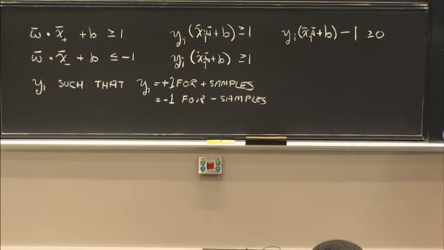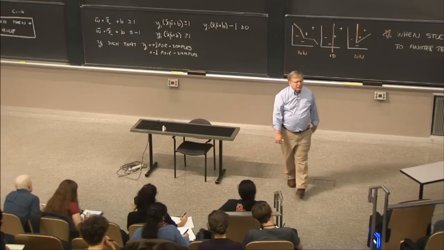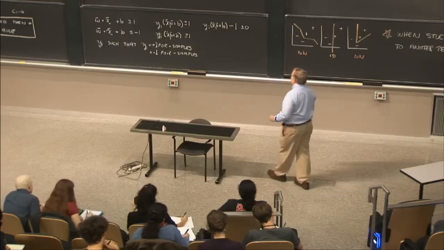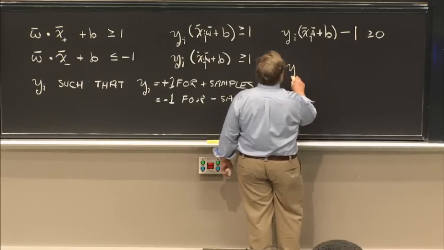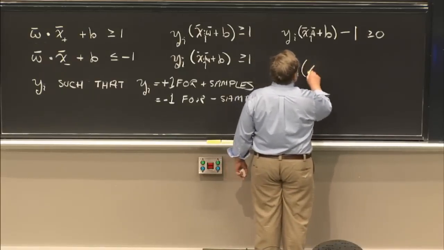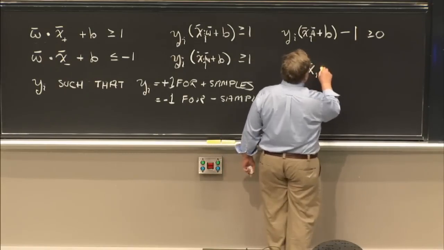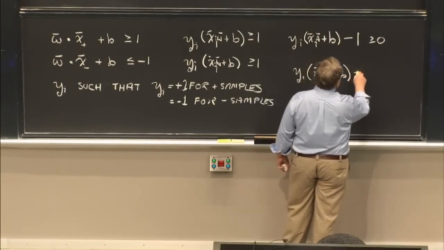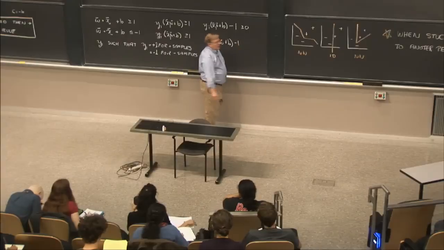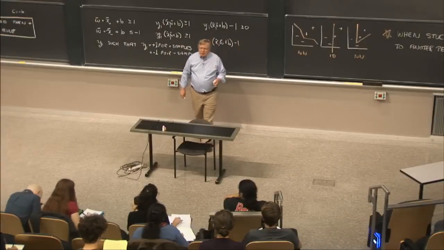All right, now with Brett's correction, I think everything's okay. But we're going to take one more step, and we're going to say that y sub i times x sub i times w plus b minus 1 is always got to be equal to or greater than 0.